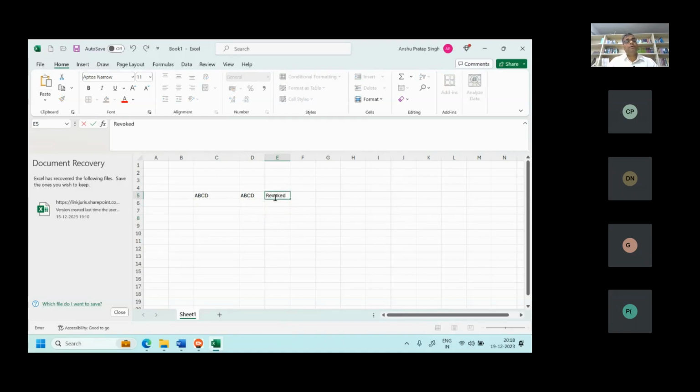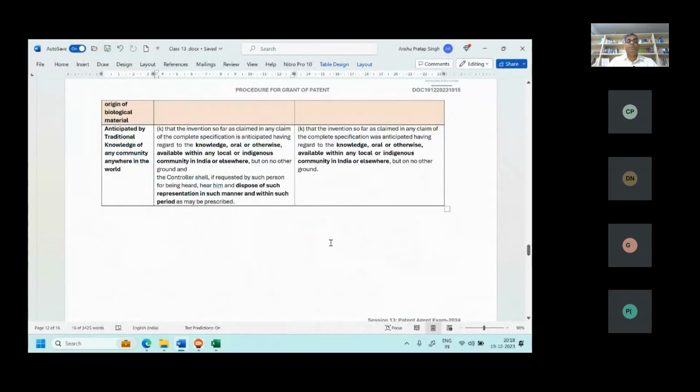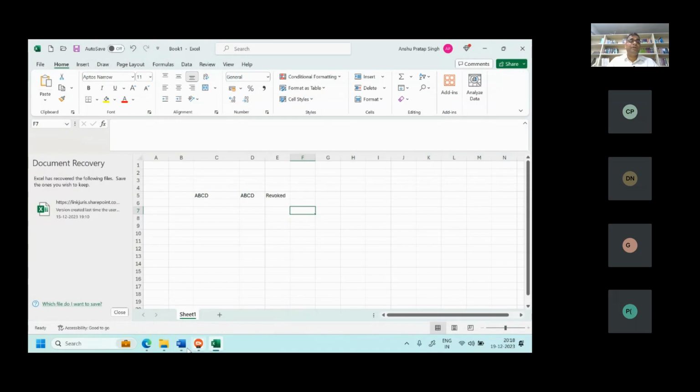If all parts of the invention are yours, wrongfully obtained, then it is revoked. Once it is revoked, within 3 months you can file and ask this patent to be amended in your name. Because this is yours, you have already proved it in the opposition proceeding.